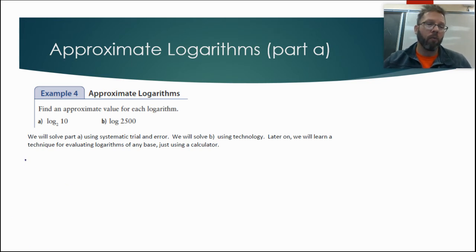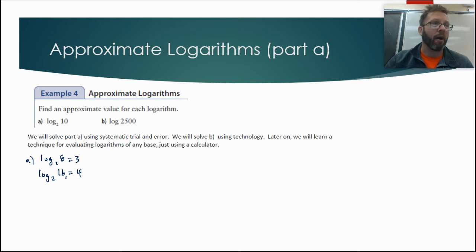What's our starting point? Well, our starting point could be this. We know that log base 2 of 8 is equal to 3. And we know that log base 2 of 16 is equal to 4. So log base 2 of 10 has to be somewhere in the middle. So log base 2 of 10 is between 3 and 4.